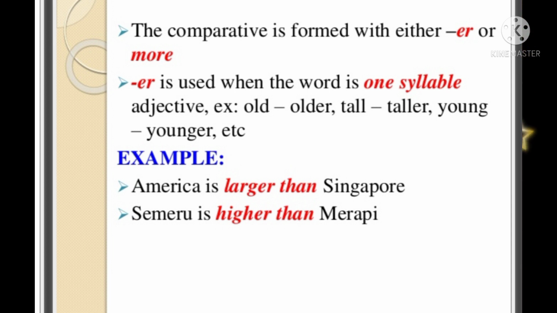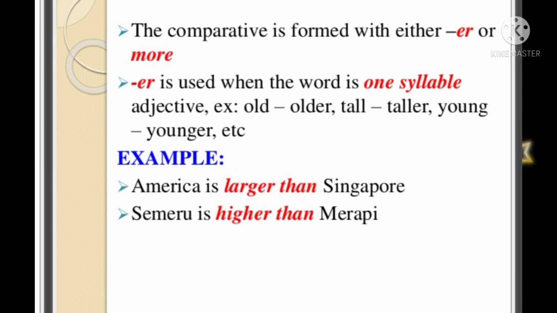America is larger than. Syllable, you know, is a part of a word we can utter in a single breath. For example, beautiful. How many syllables are there? Beautiful, three syllables. Likewise, large has only one syllable.